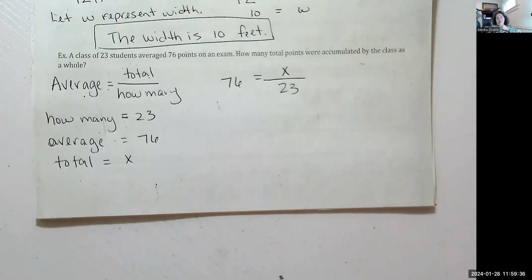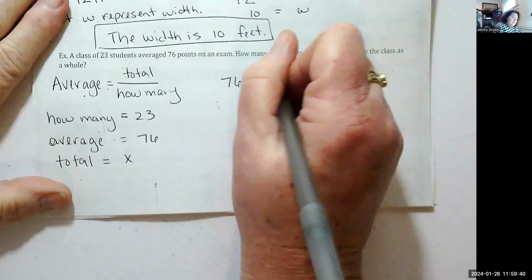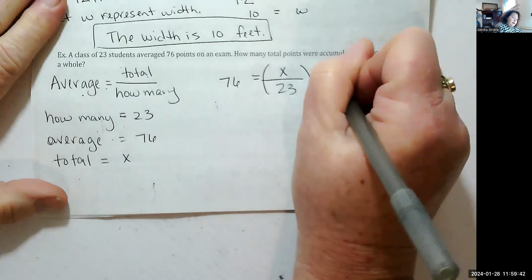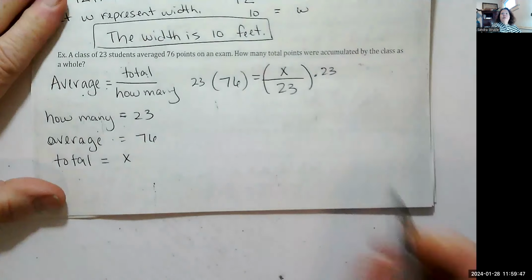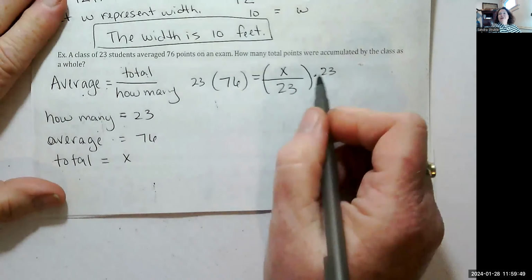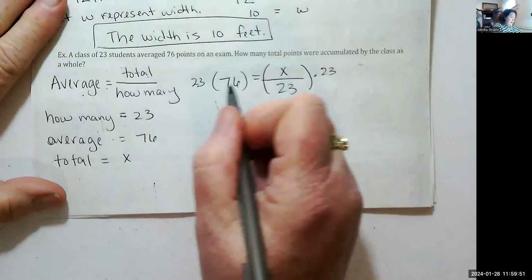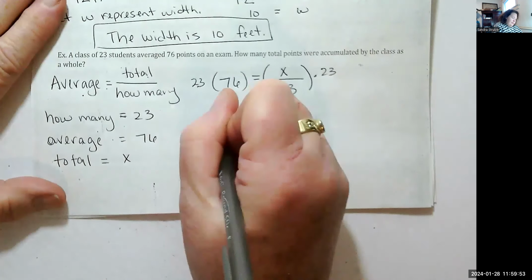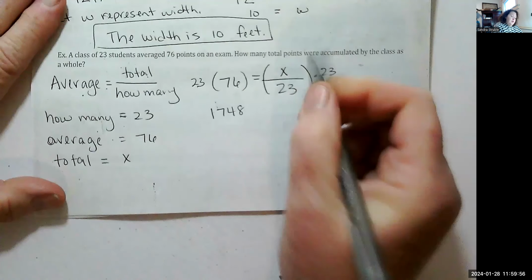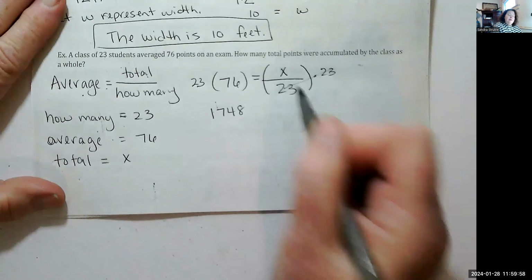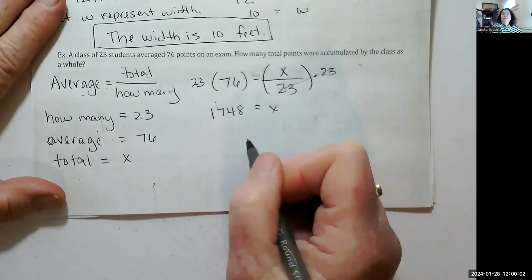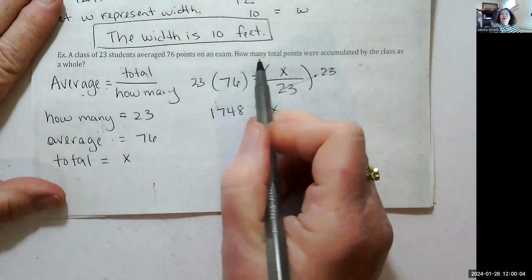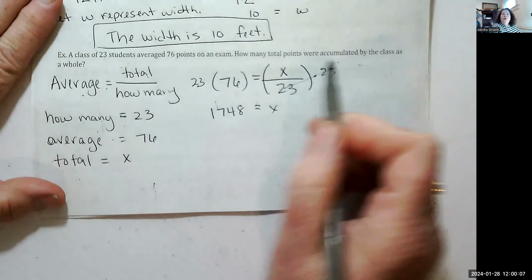23 is attached by division. The inverse of division is multiplication. So we have to multiply both sides by 23. Okay. Just another way to represent multiplication. I actually double dutied it here. 23 times 76 is 1,748. 23 divided by 23, because these are going to reduce and give us 1, is equal to X. So how many total points were accumulated by the class as a whole?